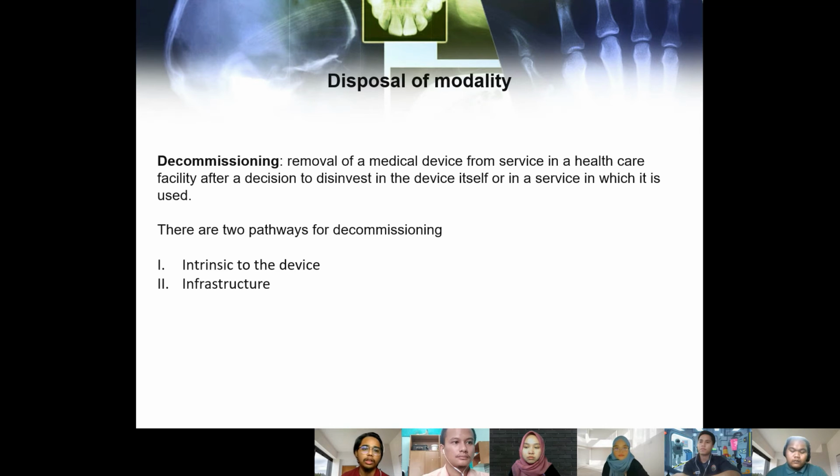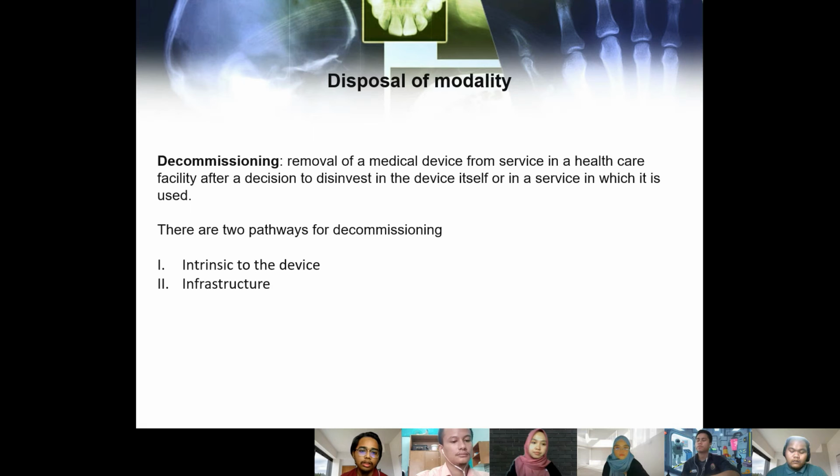For disposal modality, decommissioning is the removal of a medical device from service in a healthcare facility after a decision to invest in the device itself or in the service which is used. The factors that determine the pathway of decommissioning fall into categories intrinsic to the device and to the infrastructure.